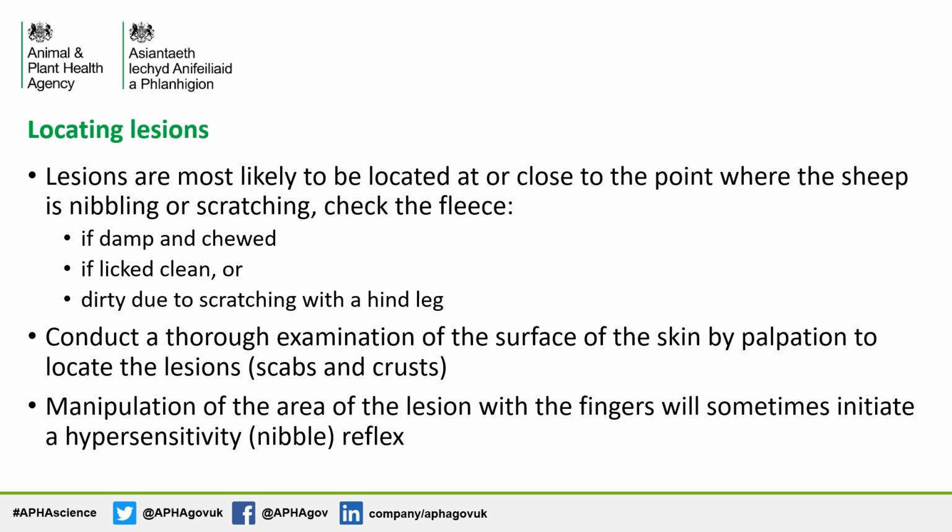Lesions are most likely to be located at or close to the point where the sheep is nibbling or scratching, so check the fleece for any areas which are damp and chewed, or licked clean, or dirty due to scratching with the hind leg. Palpate the surface of the skin to identify any scabs or crusting.